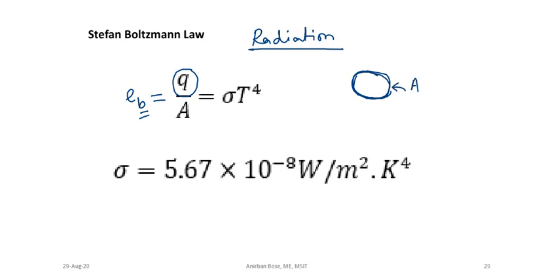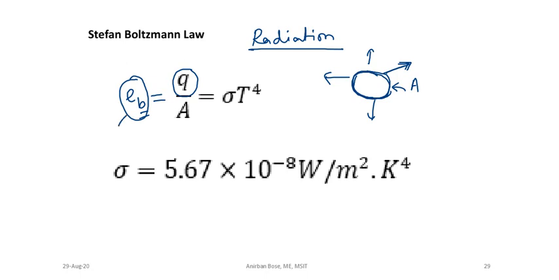So A is the surface area, and from that body radiation is coming out, and the rate of radiation emission per unit area is the black body radiation flux, which is called the emissive power of the black body, EB.